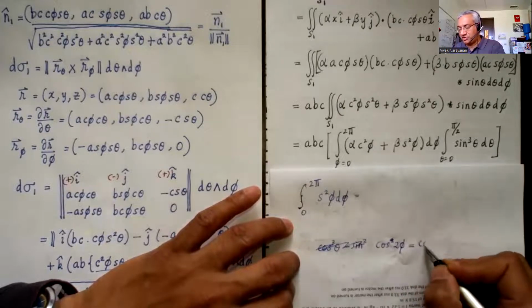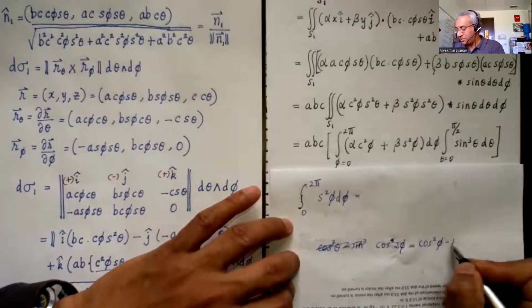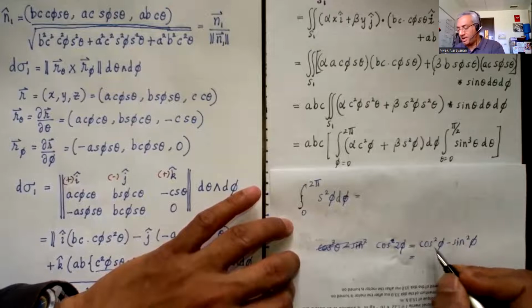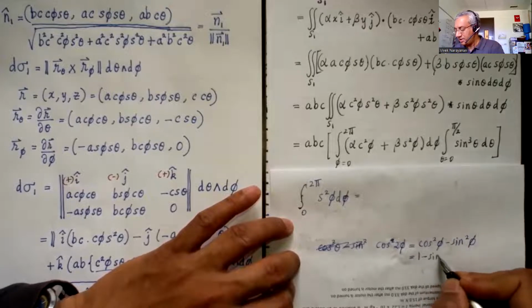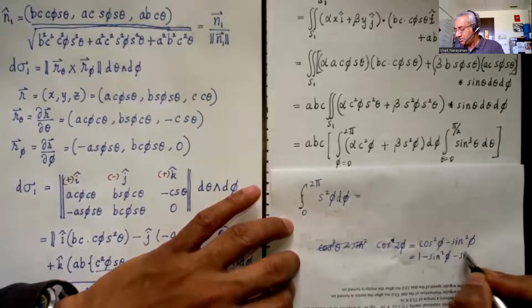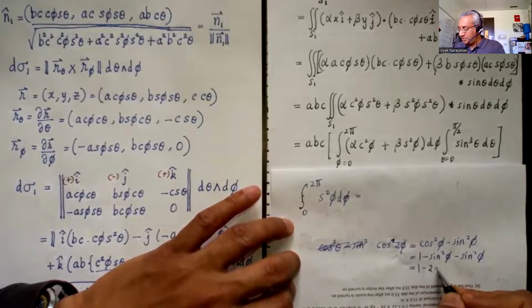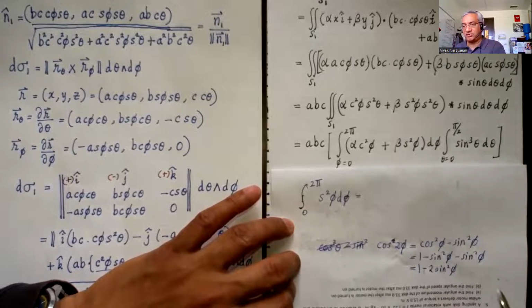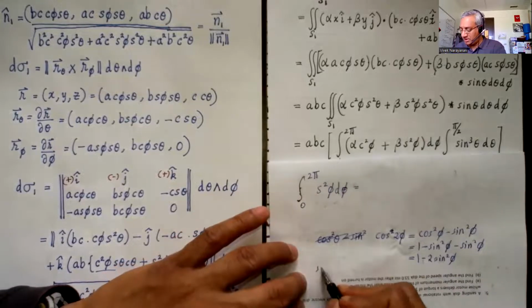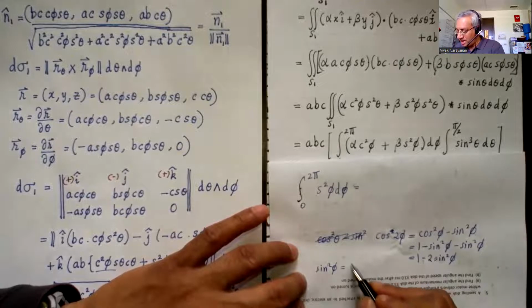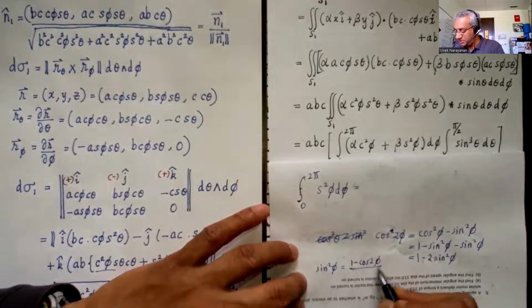Cosine 2 phi is cosine squared phi minus sine squared phi, and cosine squared phi is 1 minus sine squared phi. So this gives me 1 minus 2 sine squared phi. These are the famous half angle identities. So that tells me that sine squared phi is just going to be 1 minus cosine 2 phi divided by 2.